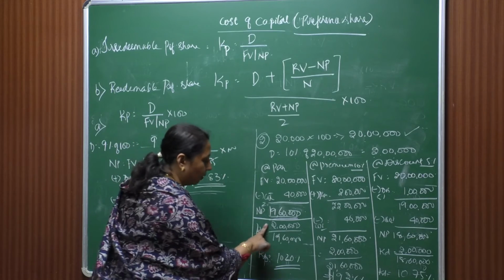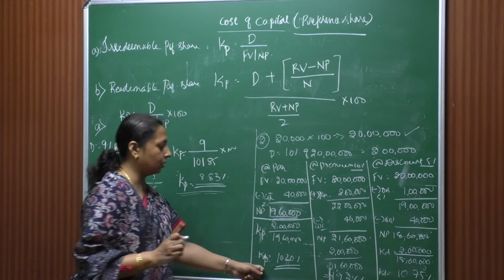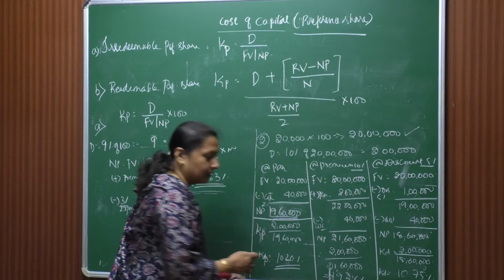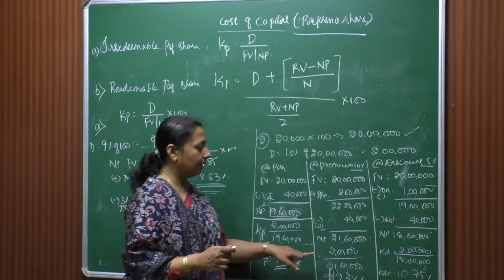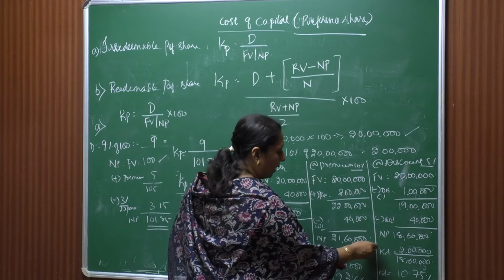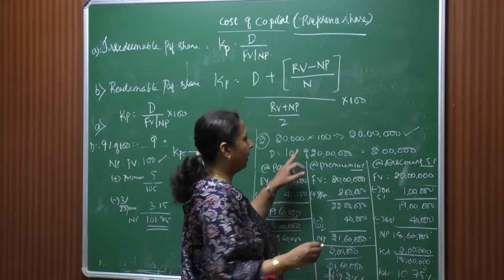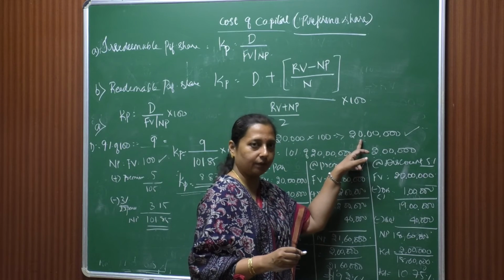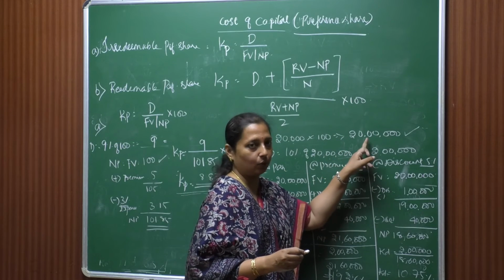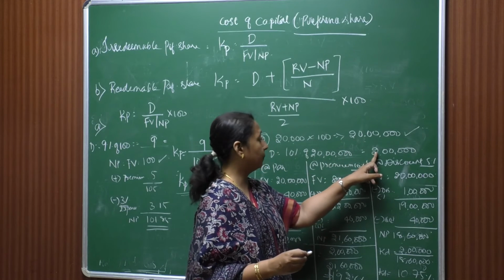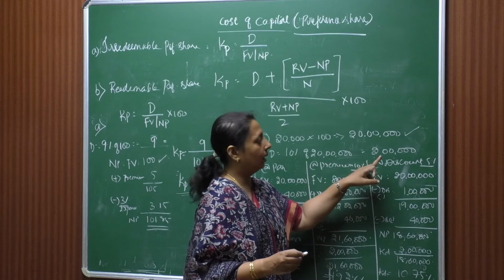That will be calculated using the cost of preference share method, Kp. The cost of preference share is 10.2%. Again at premium, we come across step 1, calculation of face value and dividend: 10% of 20 lakh will give you 2 lakh.